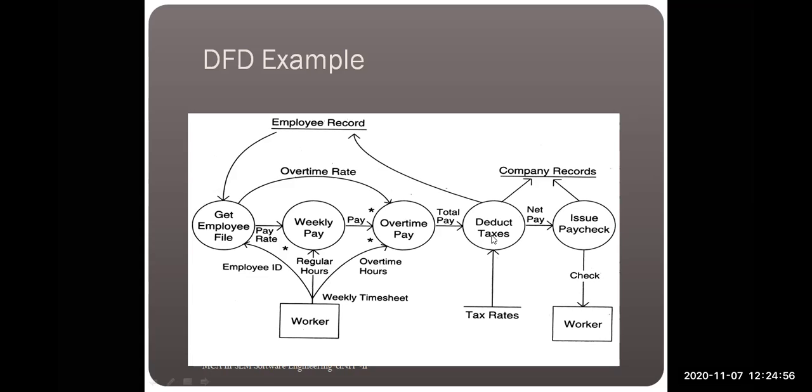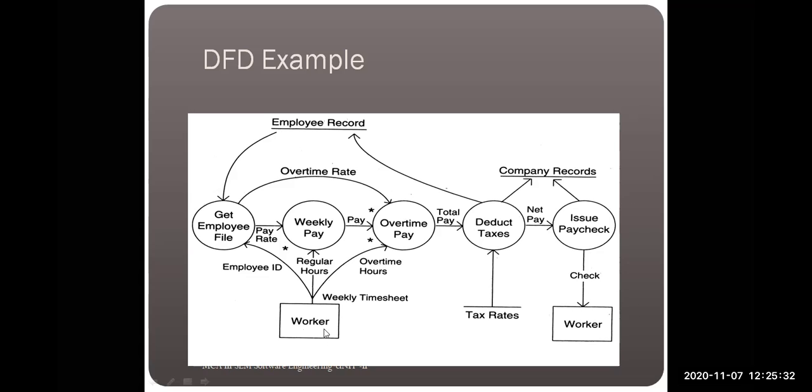Those details, that is how much tax is deducted and how much he has been paid, will be stored into company records. Along with that, how much tax has been deducted for a particular employee will be stored into the employee record also. After issuing a check, it is the sink, that is the completion of this task. It is a sink that is called worker.